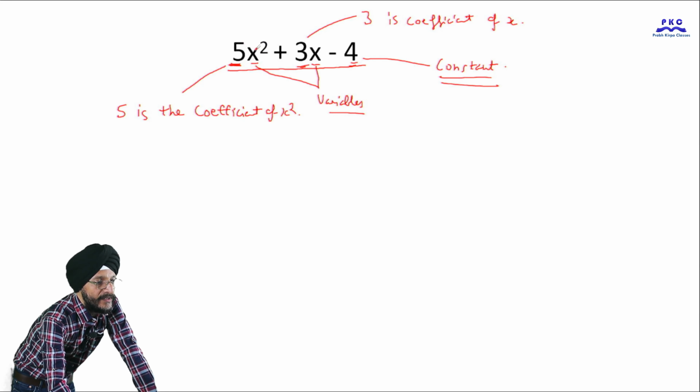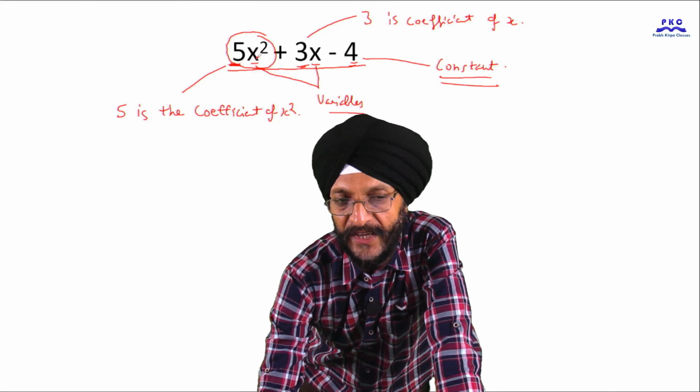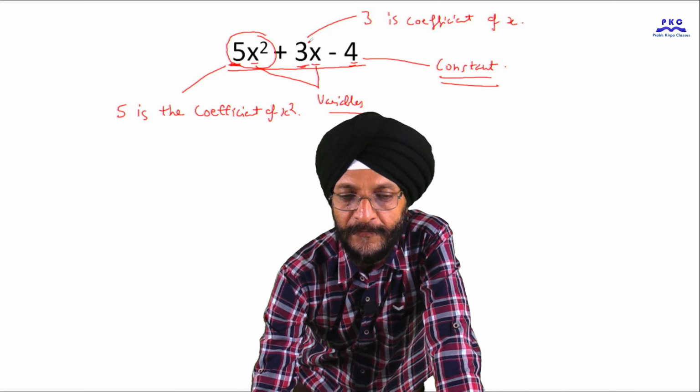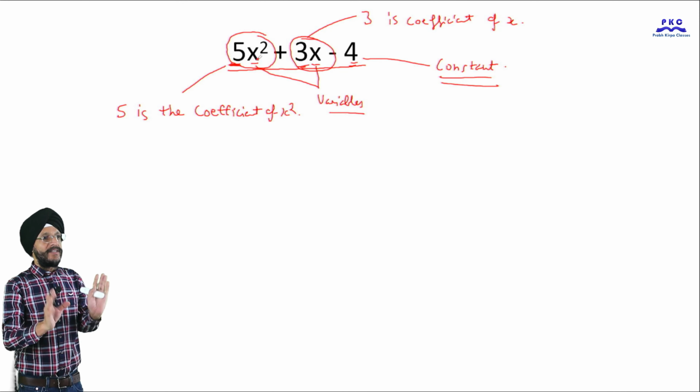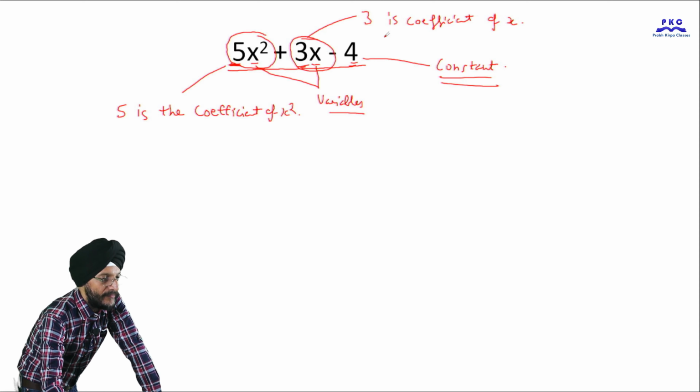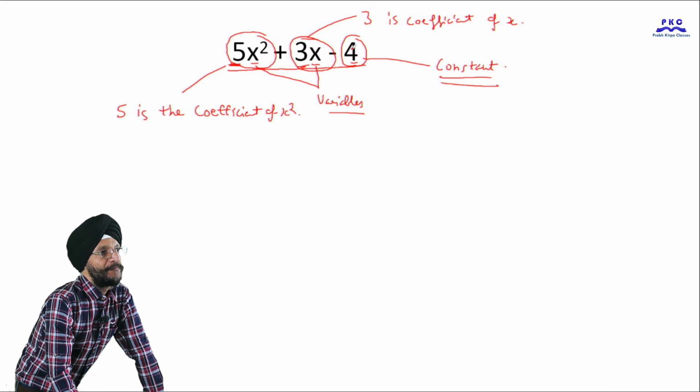This 5x square is a term because it is a combination of coefficient and variable. Again, this 3x is also a term. Now 4 is also a term.